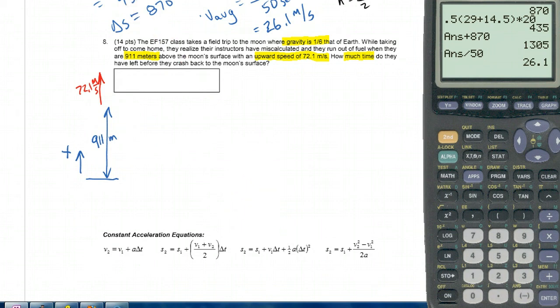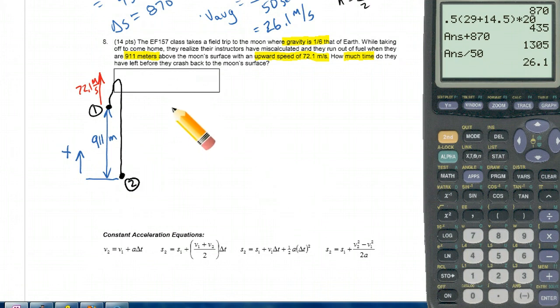Okay, we want to find the time. So what's happening here is it's going to continue to go up and then come back down. You do not have to find this in 2 steps. You can just use your constant acceleration equations and work it through from point 1 to point 2.